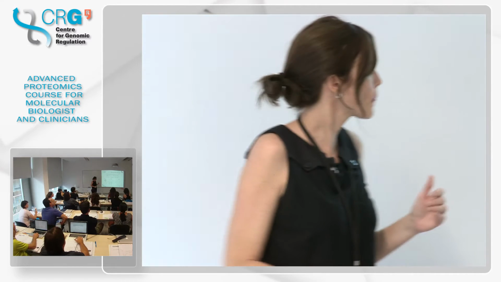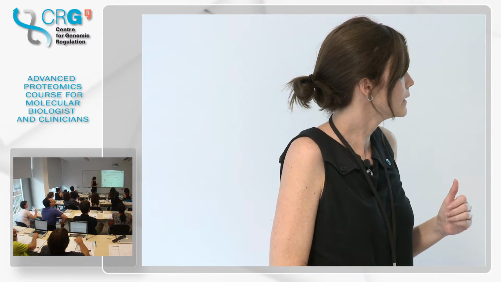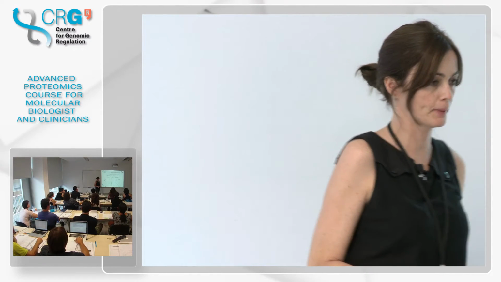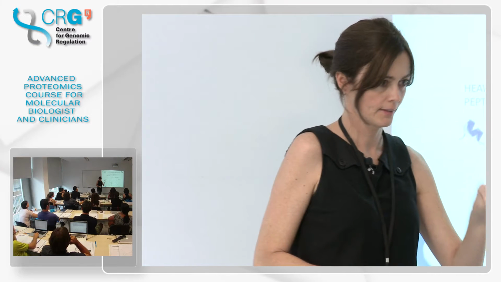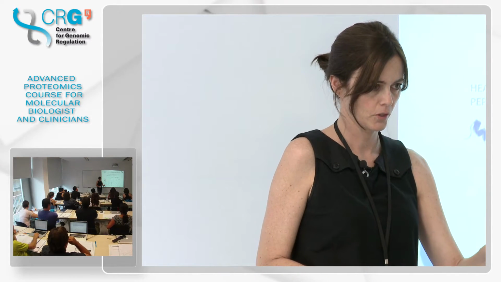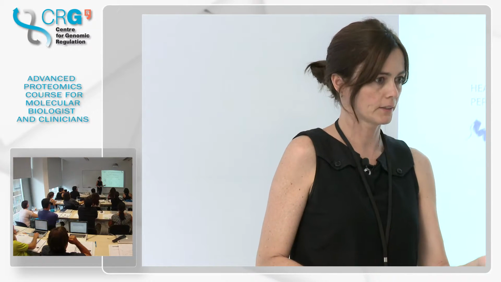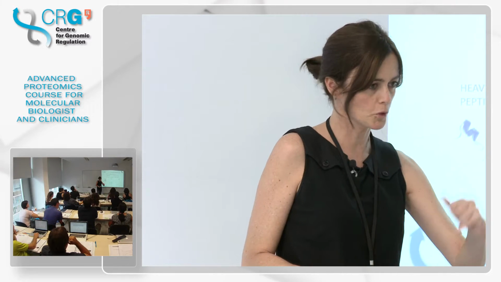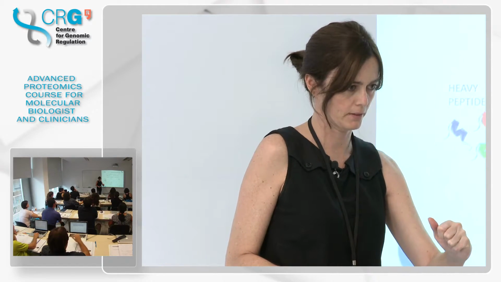Can you repeat the last step? Yes. Once we have determined the linearity range, we have tested our heavy peptides, if possible, in the same or a very similar matrix as our real sample. Then we can determine the exact amount of heavy peptide that we want to spike in our sample.